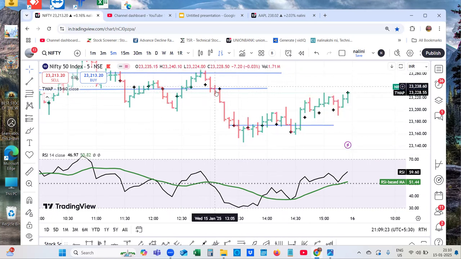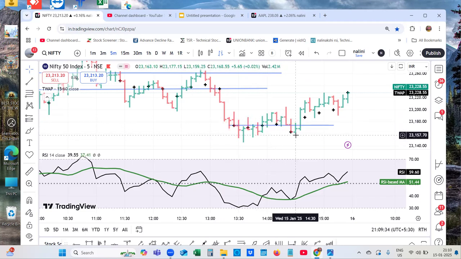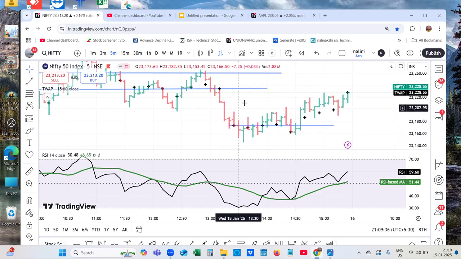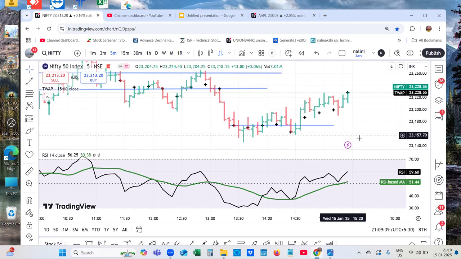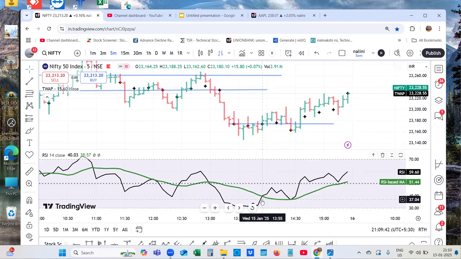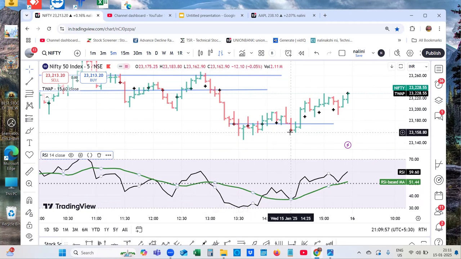When market has sold off so much, it has taken 1, 2, 3, 4, 5, 6, 7, 8, 9, 10, 11, 12. That means 1 hour for the price to consolidate. Meanwhile, you can see even though RSI climbed over here, it could not go to the 50 level. And it crossed over and it made a higher low here.